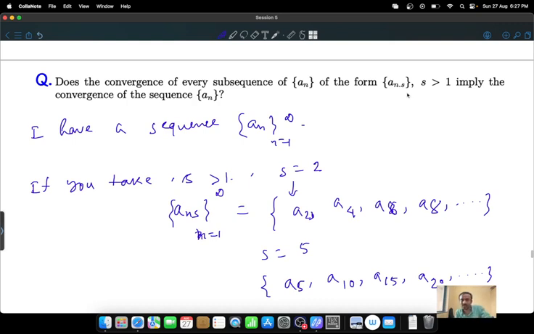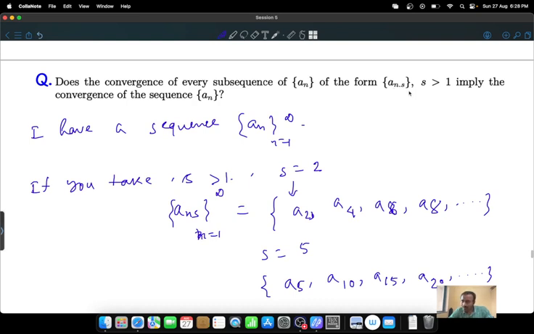So the answer is no, actually. One point to be noted here: when you are considering ns, s is given to be greater than 1, because if you put s equals 1, then you get the original sequence, an, and that is not given.